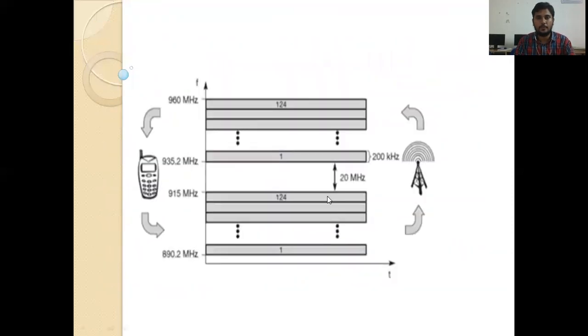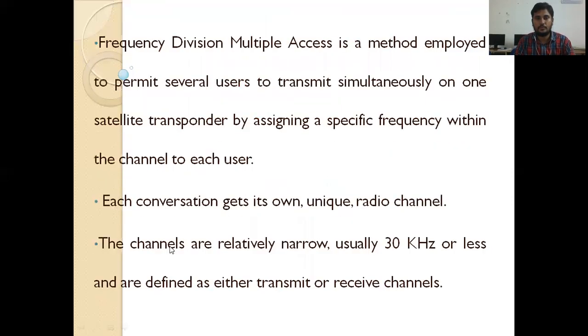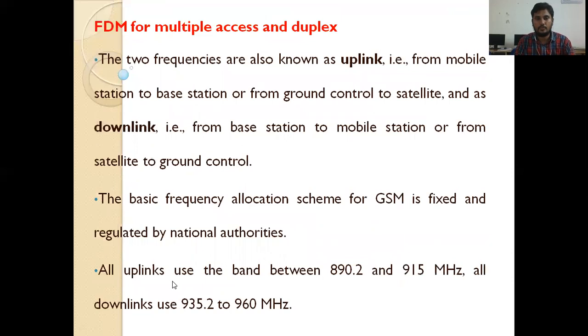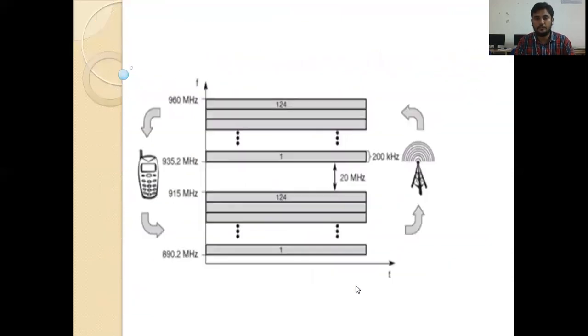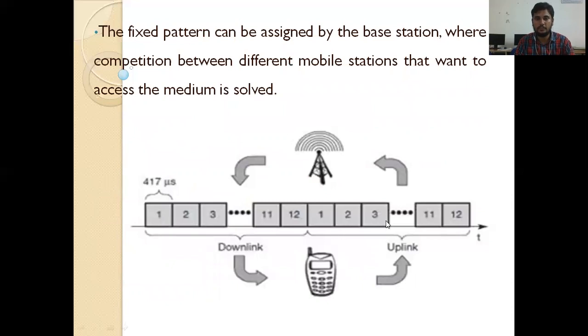This is the uplink and downlink range for FDMA: 890.2 to 915 MHz uplink for mobile users, and 935 to 960 MHz downlink for the mobile station. This one is the uplink for the mobile station, and this one is the downlink from the base station. Coming to the TDMA, time is divided into certain slots, and slots are allocated for downlink and uplink.